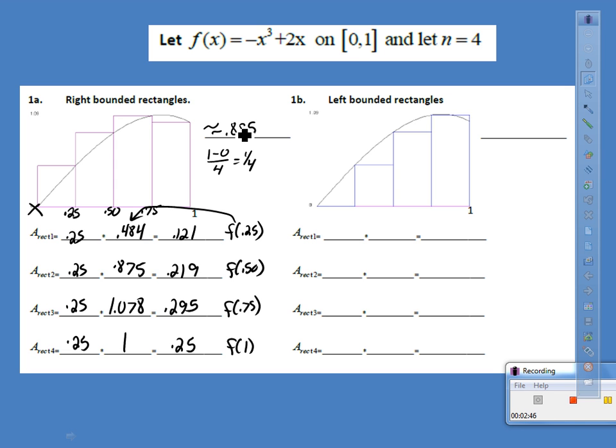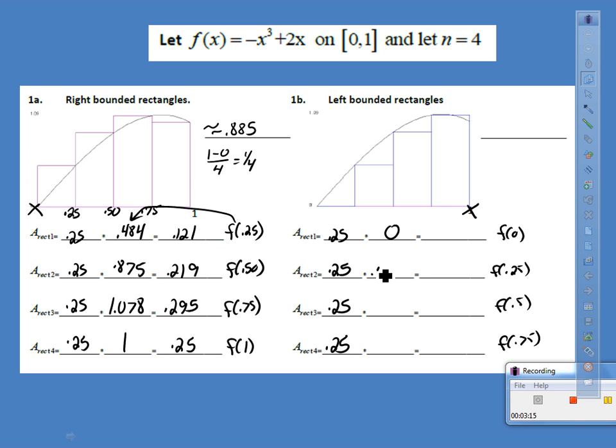And then guys, remember, if it's left bounded, the right endpoint won't be used. So this will really be f of 0, f of 0.25, f of 0.5, and f of 0.75. Each of these widths is still a quarter. And then I'm just going to copy some of these numbers over, but when I ran 0 through this, I got a height of 0 in this case.